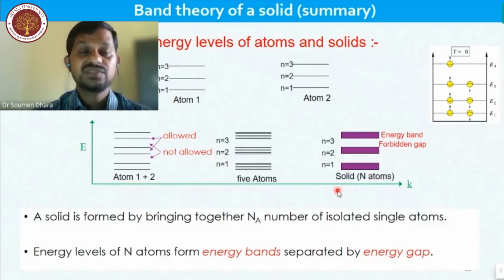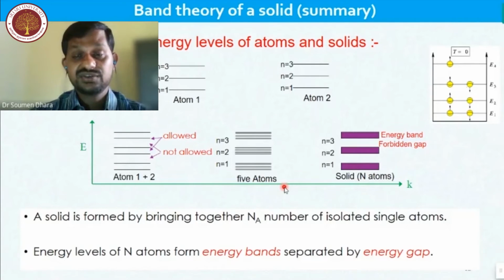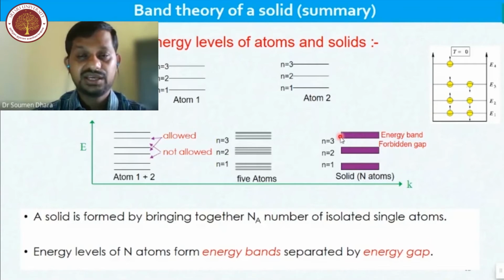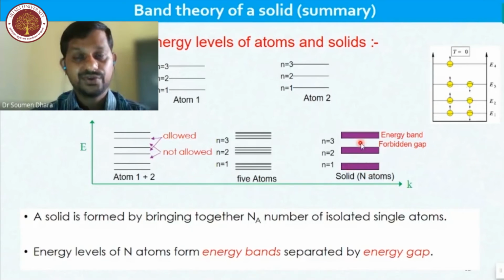And because of this huge number of closely packed overlapping energy levels, you will not be able to see individual levels. Instead, you will see the energy bands. So any electron can occupy any of the states available in the energy bands, but there is a finite gap between the energy bands for n equals 1 and n equals 2. This is the real picture from the band theory of solids.